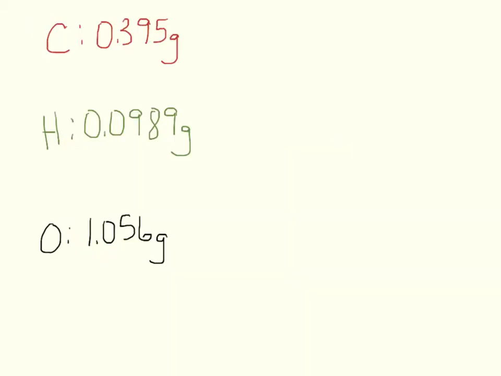So 0.395 grams of carbon. Carbon weighs 12.0 grams for every 1 mole, and that gives me 0.0329 moles. For hydrogen, that is 1 gram per mole.